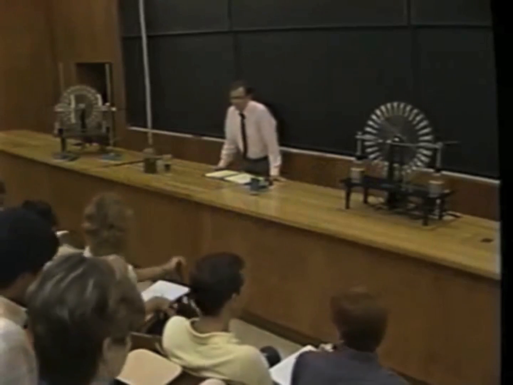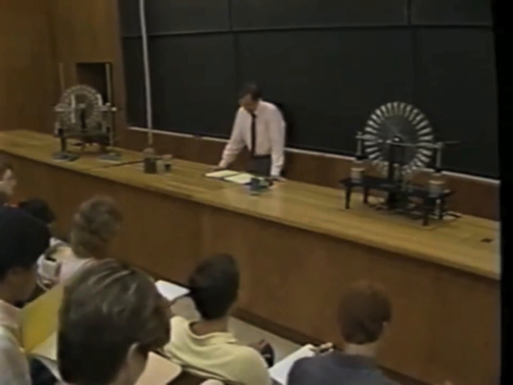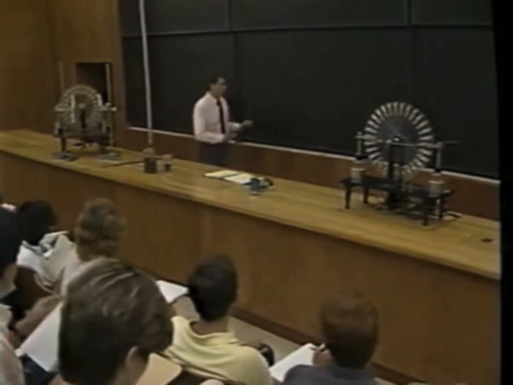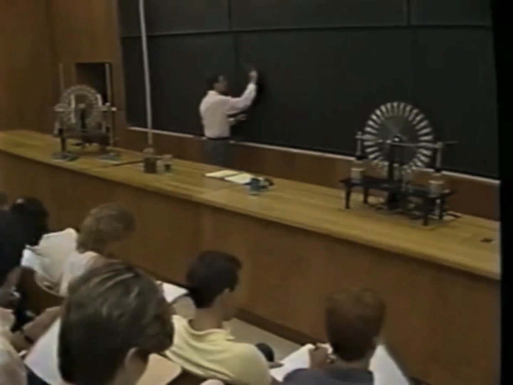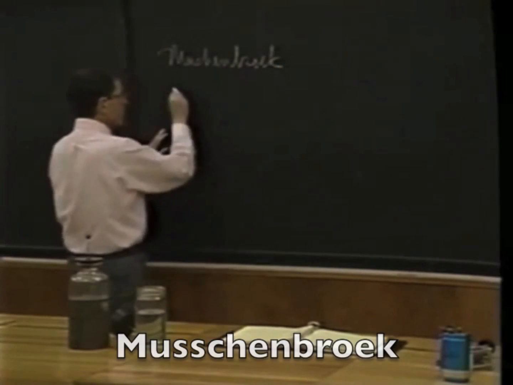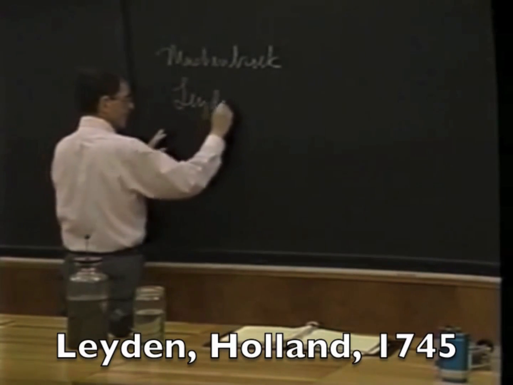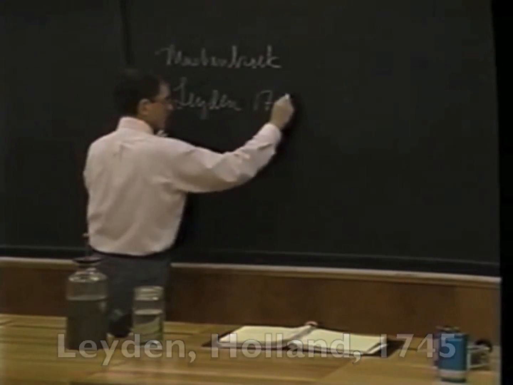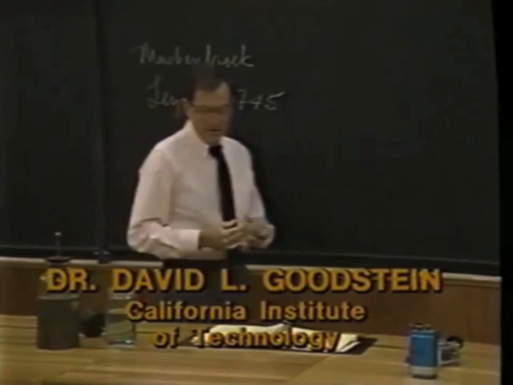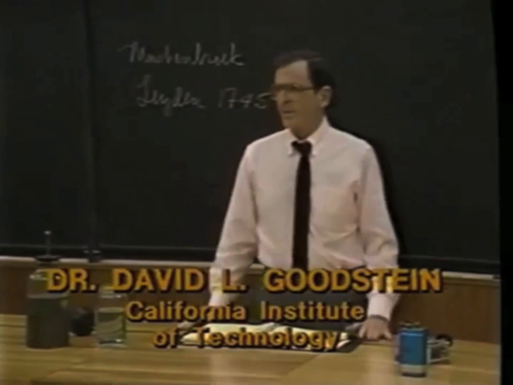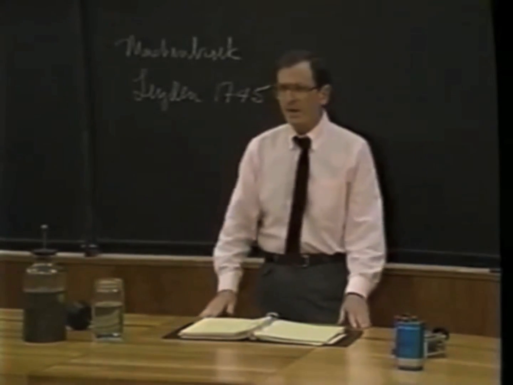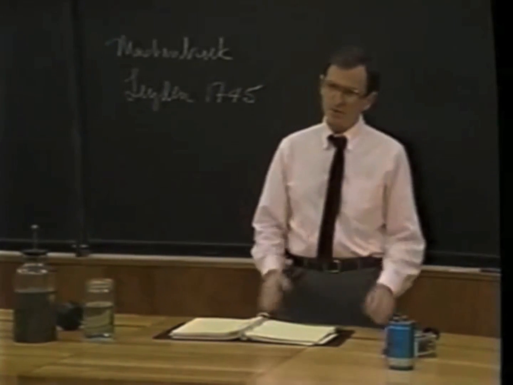I'd like to tell you the story of an accident that happened to a certain Professor Muschenbroek at the University of Leiden in the year 1745. It was believed at the time that electricity might be a kind of fluid, and Muschenbroek wanted to make a solution of the electric fluid with ordinary water.